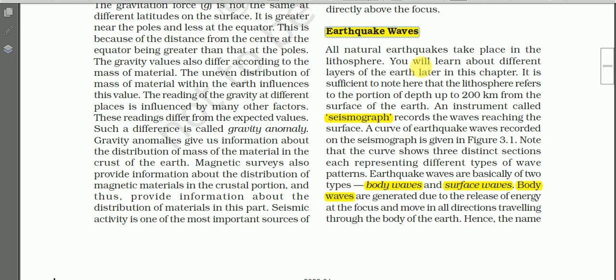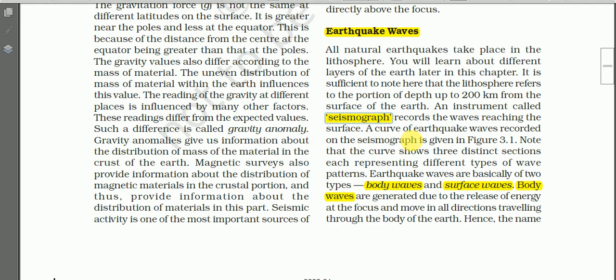So before we start, you have to know that earthquake waves are recorded by an instrument called a seismograph. See this instrument that records the various types of earthquake waves.